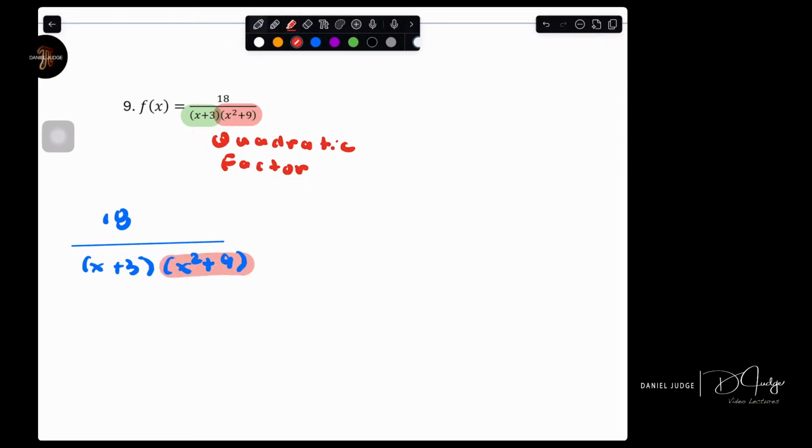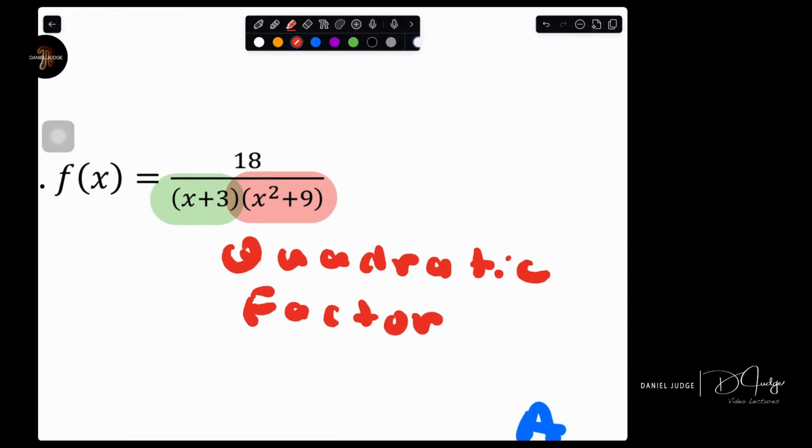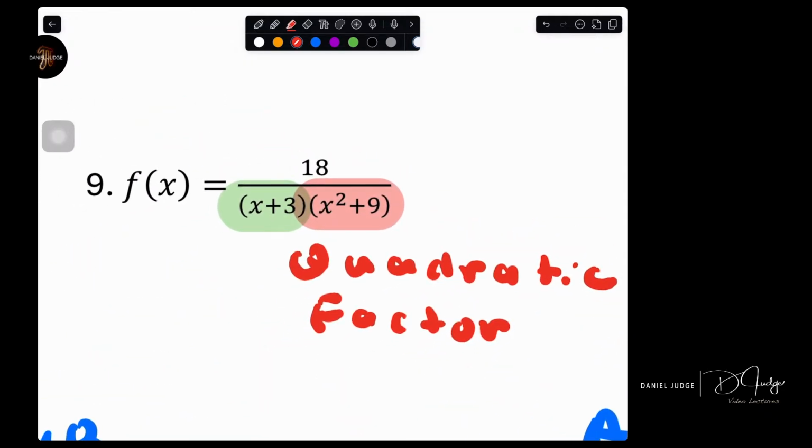So this will equal a over the linear factor x plus 3. Now we're going to have the quadratic factor, x squared plus 9. Again, we write this as bx plus c. And that quadratic factor, notice, is not factorable. X squared plus 9, not factorable.